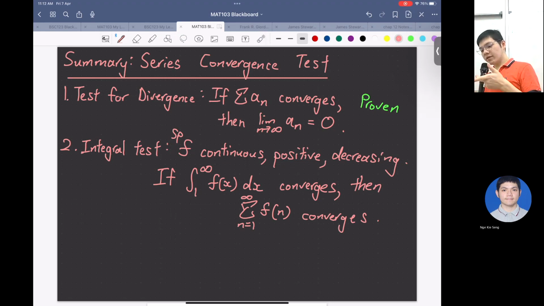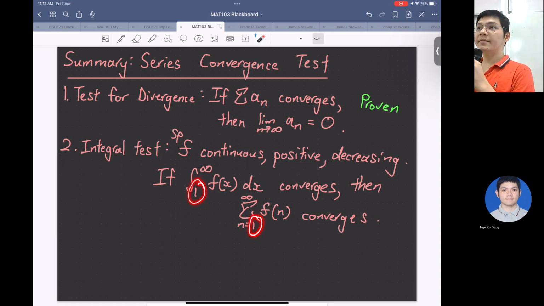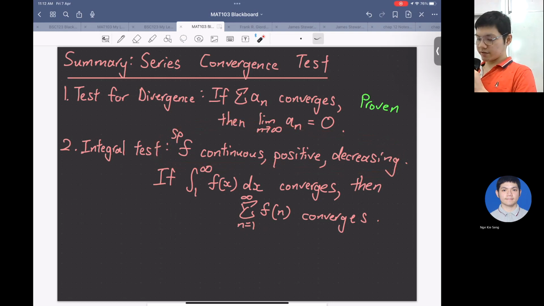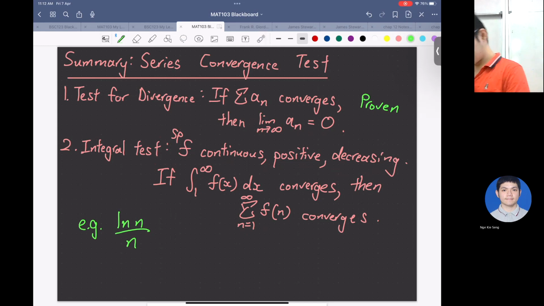There's one reminder for this test here. The 1 here doesn't really matter. What matters is you need to start with a function which is positive, decreasing, and continuous. For example, if you have done the exercise, you should have seen this question here: ln n over n.